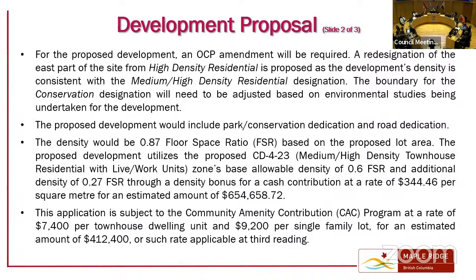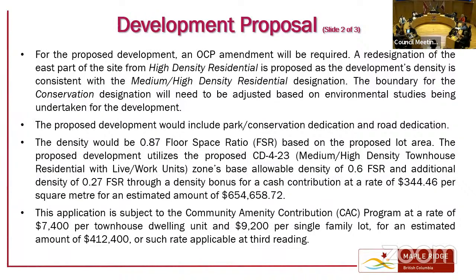The density would be 0.87 floor space ratio or FSR based on the proposed lot area. It utilizes the base allowable density of 0.6 FSR for the zone and additional density of 0.27 FSR through a density bonus for a cash contribution at a rate of $344.46 per square meter for an estimated amount of $654,658.